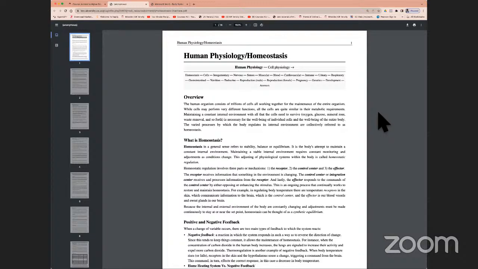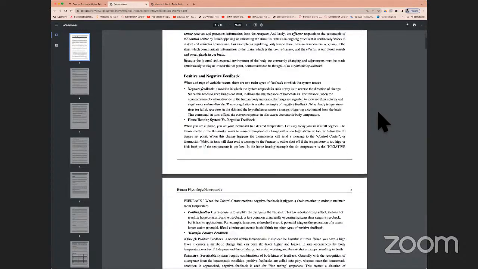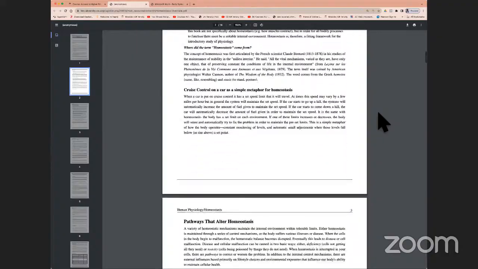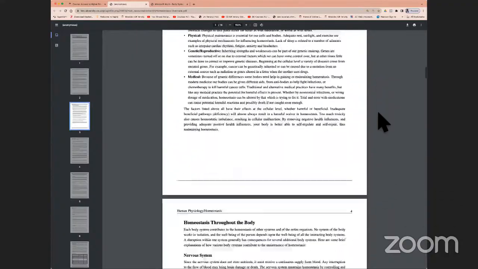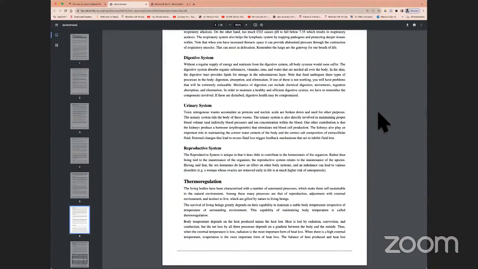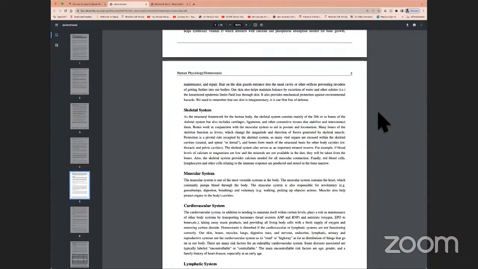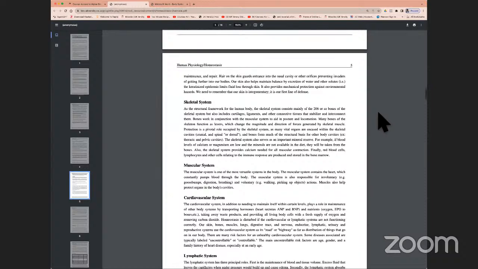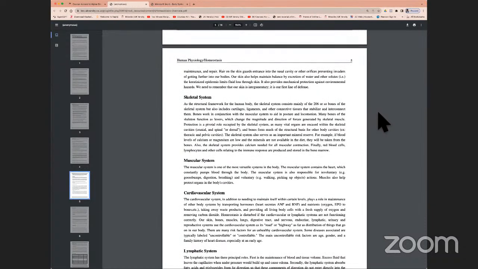Now, there is an article on homeostasis as well, and some part of it that you have seen in the presentation and examples I've taken from this particular article, but it also goes in and explains how the other systems work in the case of homeostasis. So we have looked at endocrine, because the second assessment criteria was focused primarily on explaining how the endocrine system is well suited to maintaining homeostasis.